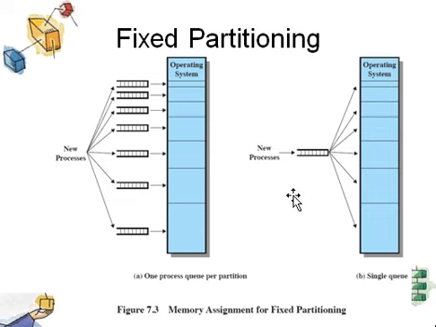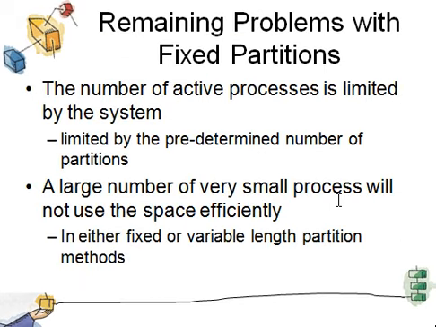Here we have a single queue in which the jobs will be placed and a suitable partition will be allocated to it. Still, there are remaining problems with fixed size partitioning. The number of active processes is limited by the system.